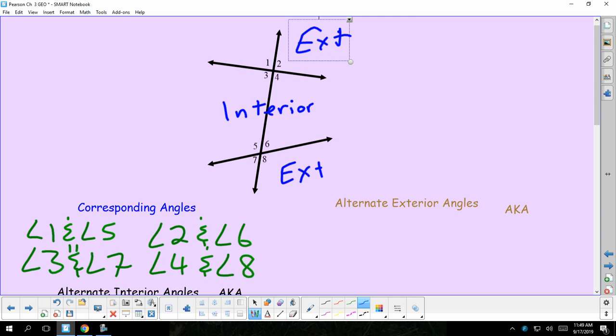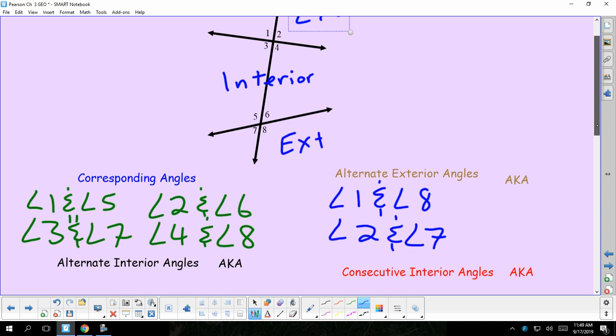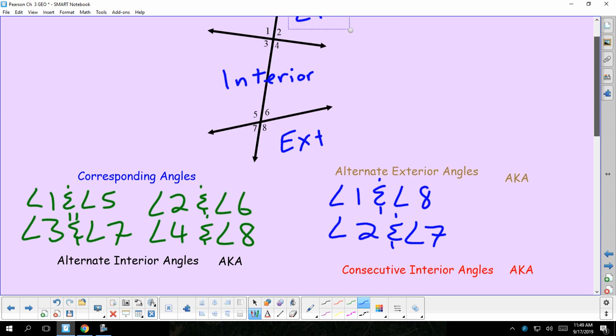So for alternate exterior, we'd have angle 1 and angle 8. There's only one other pair of alternate exterior angles. See if you can come up with that. Hopefully we got angle 2 and angle 7. Very good.